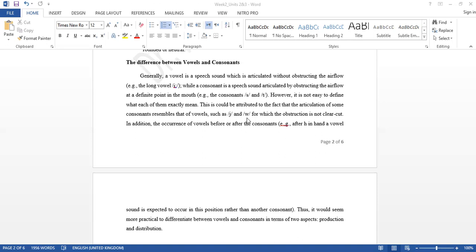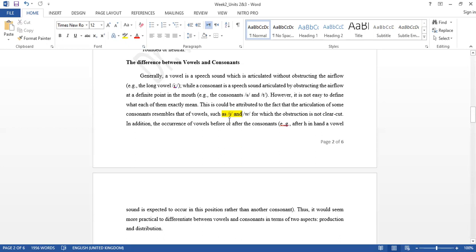Now, if you look at these words, you see that after h only a vowel sound occurs. There's no consonant. What about in words like huge? Now, after h occurs the consonant y, this one here. I'm going to highlight it.